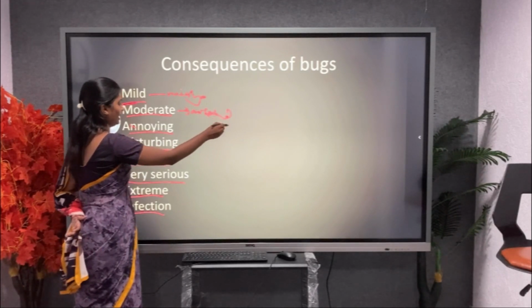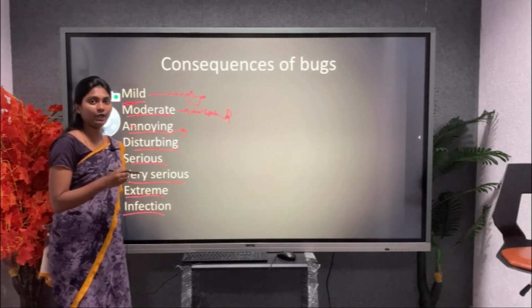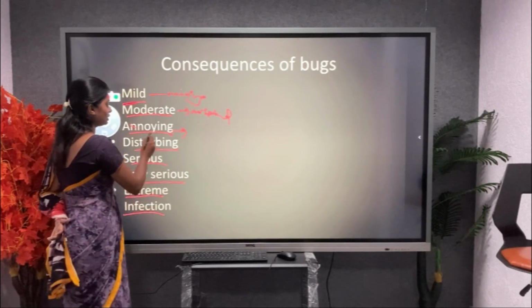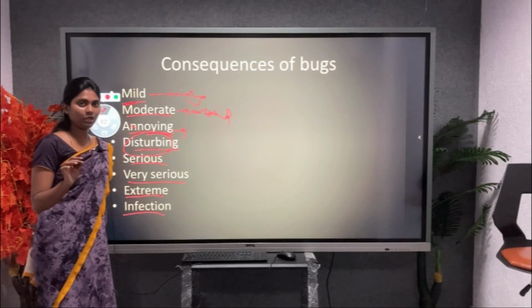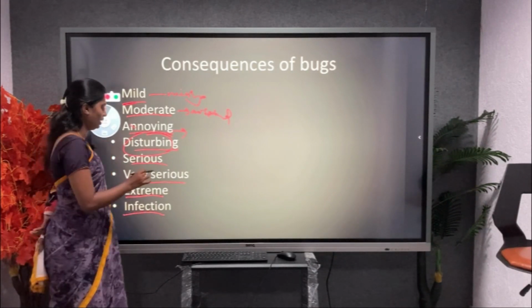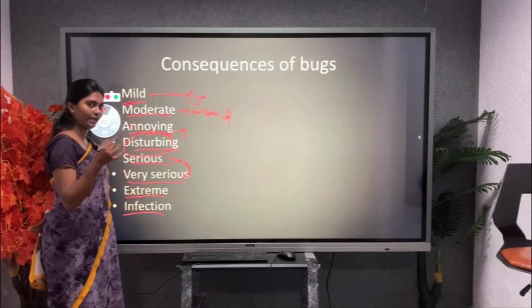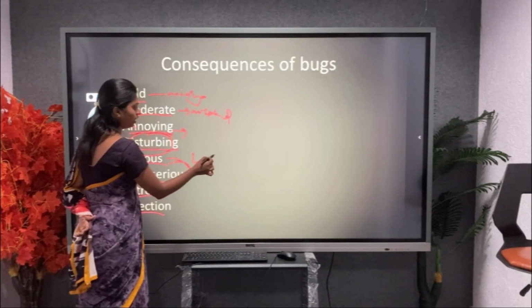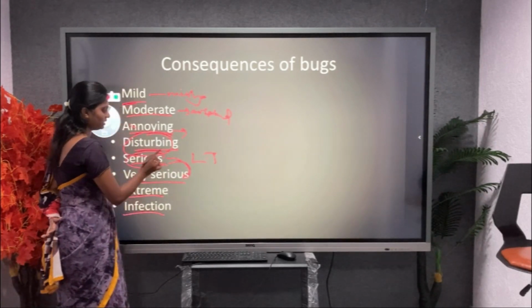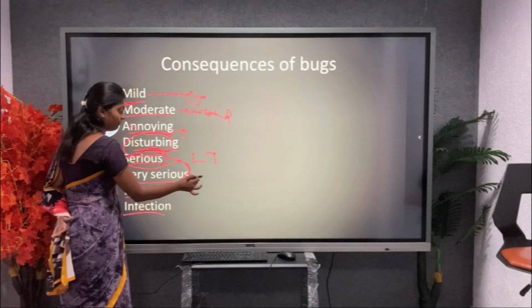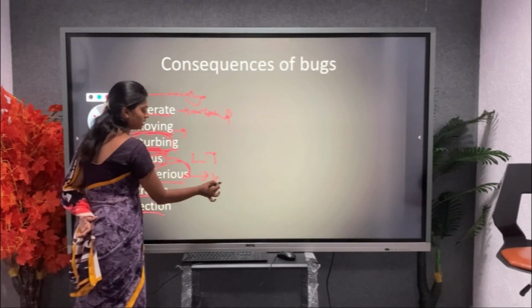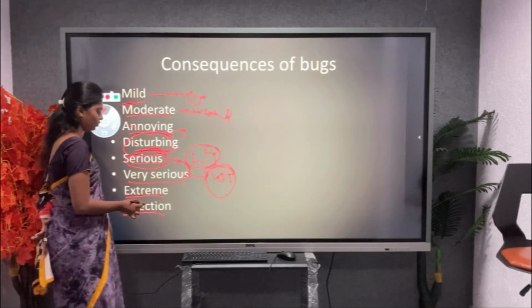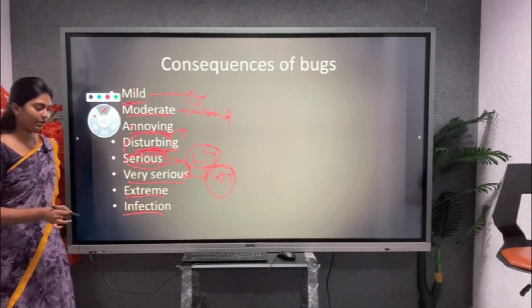Annoying means a transaction will fail. Disturbing means a large number of transactions leads to failure. Serious and very serious are interconnected: serious means loss of transaction, very serious means worst transaction.